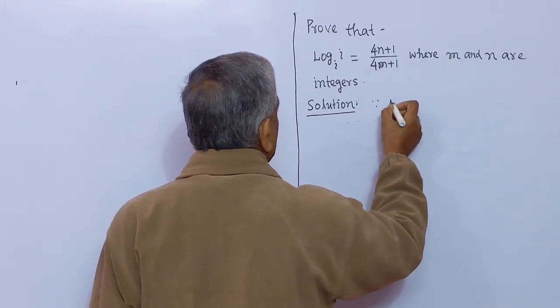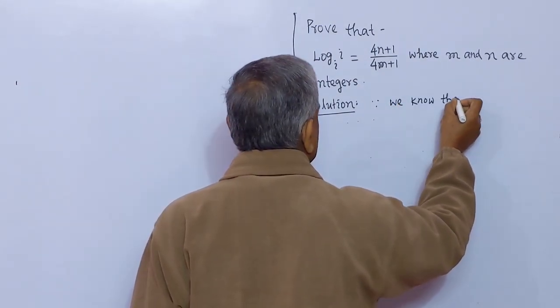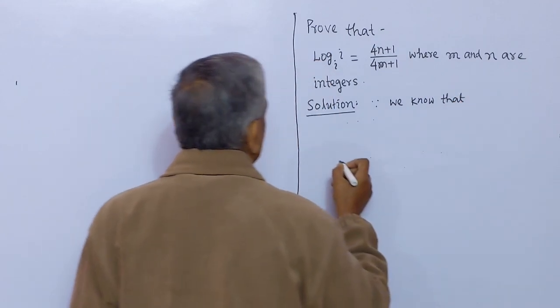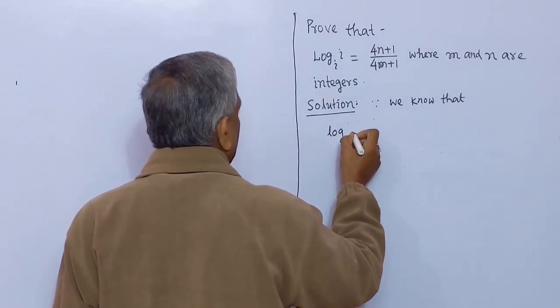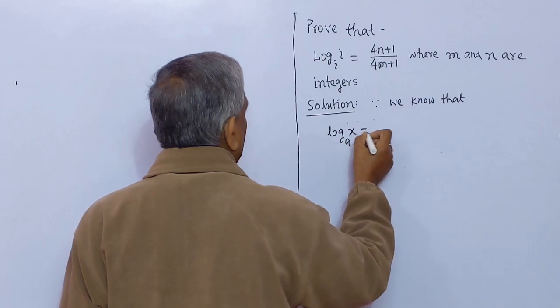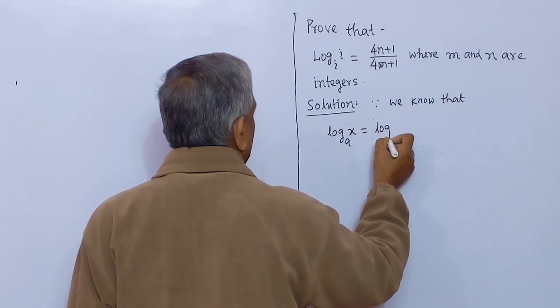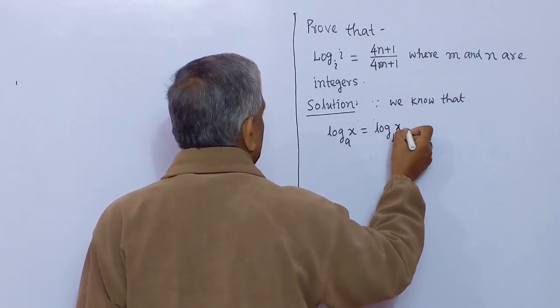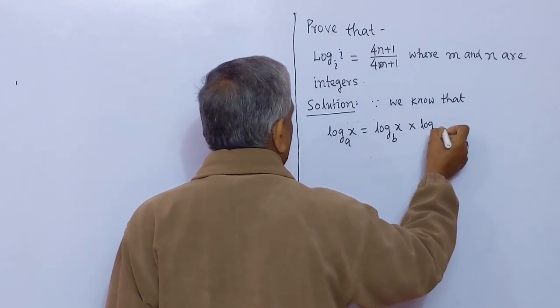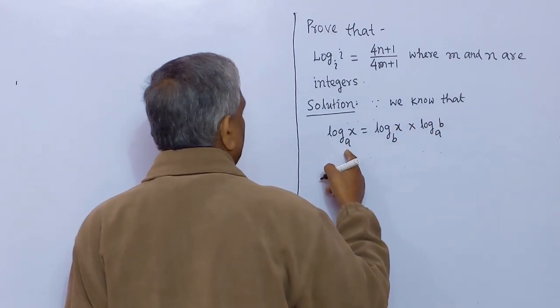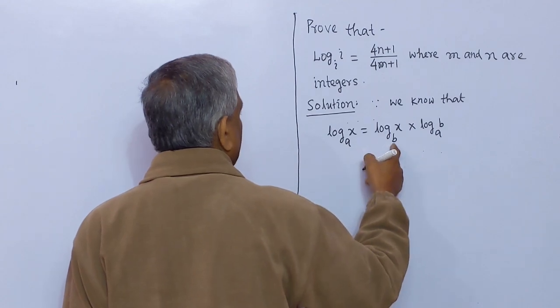Since we know that log_a x = log_b x multiply log_a b. Here a is base, here b is base.